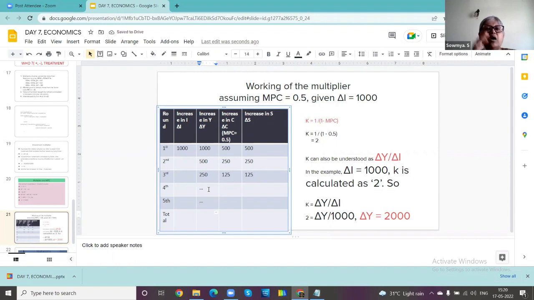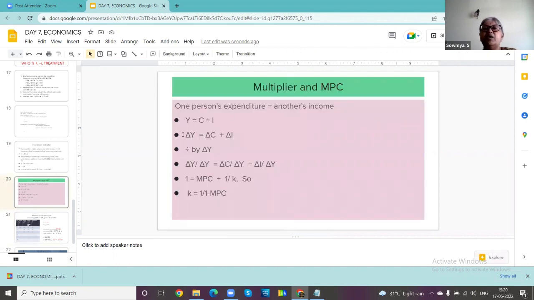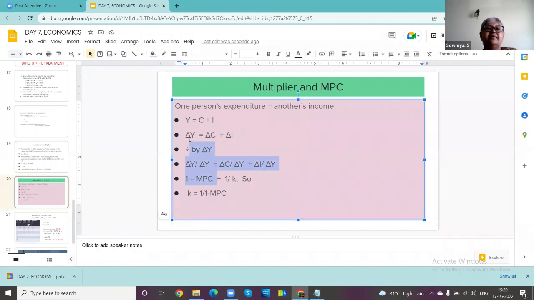We need to tell them how to summarize this data. We have already taught the children that K can be understood as delta Y by delta I. Another relationship we'll have to tell them is about MPC and K, going from the known to the unknown.